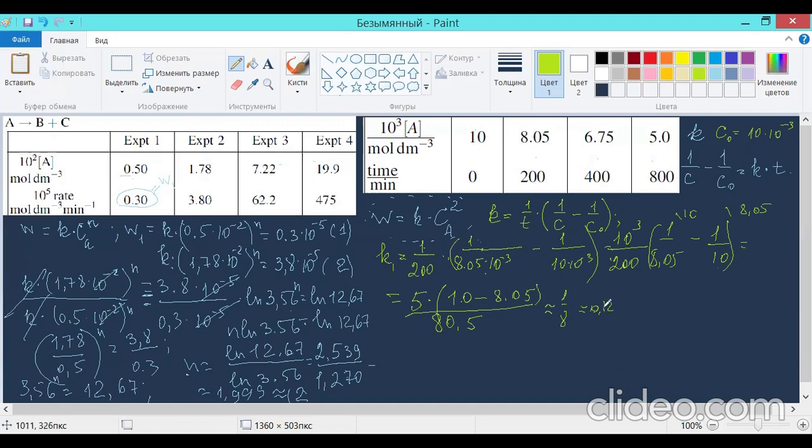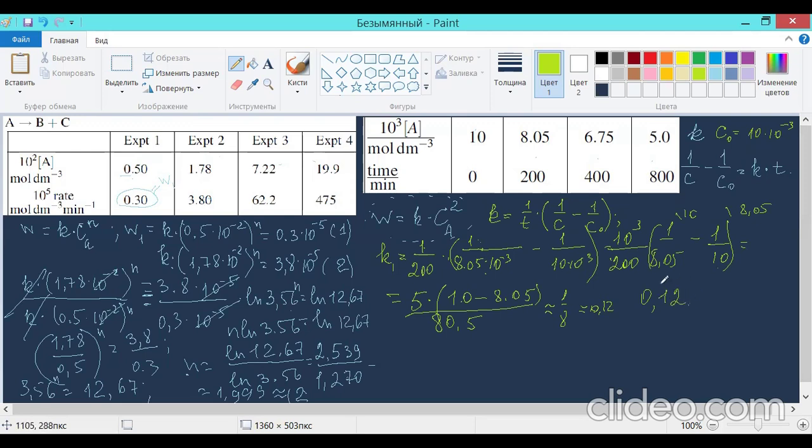It's roughly 0.12. But I've got a calculator, and we can get an exact value. One eighth, times 5, and we divide it by 8.5. Yes, we've got 0.12.